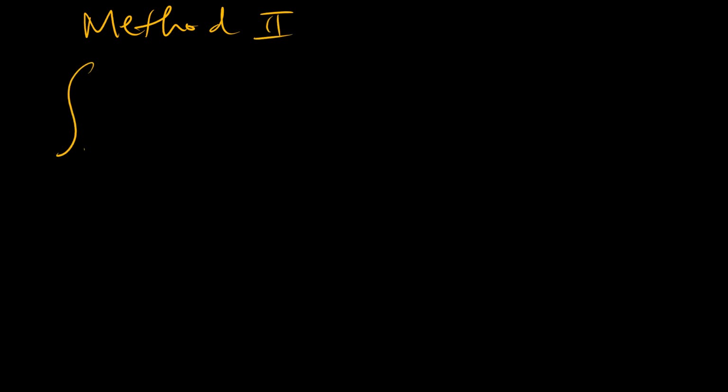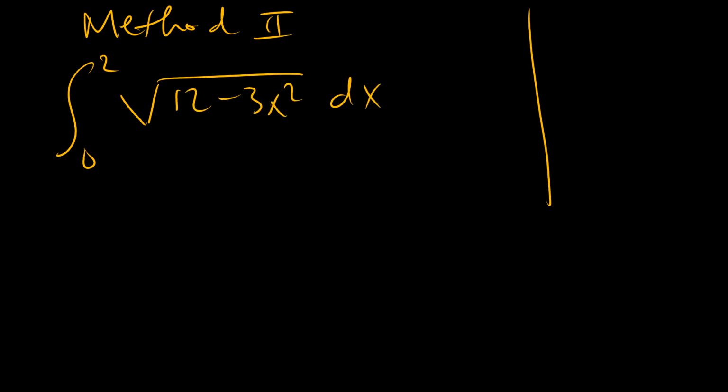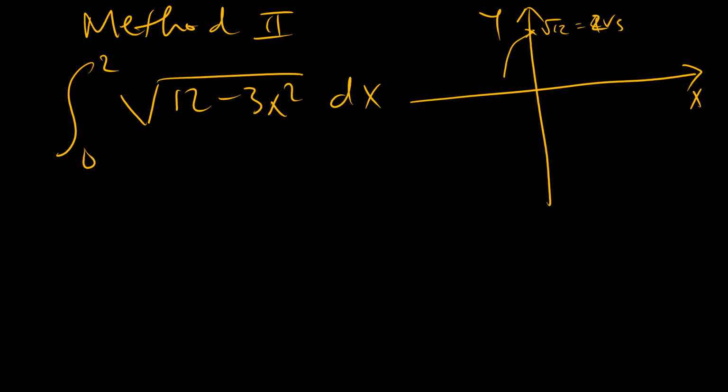So we have the integral from x equals 0 to 2 of the square root of 12 minus 3x squared, right? If you have a plot here, this is x and this is y. At 0, this is root 12, which is 2 root 3, and then a negative 2 goes to 0 at 2.